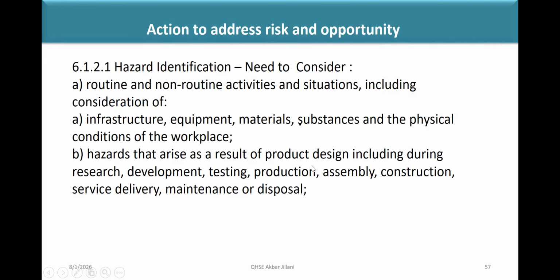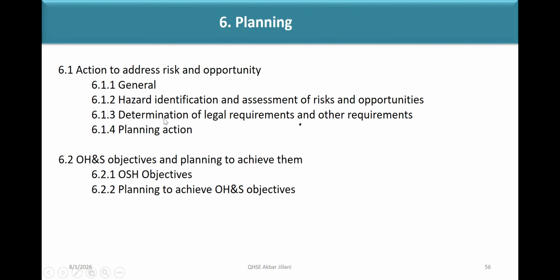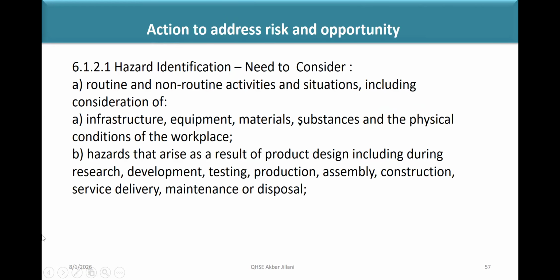So 6.1.2 is the hazard identification and assessment. We need to consider routine and non-routine activities. So we will have to consider hazard identification for routine and non-routine activities and situations, including consideration of infrastructure, equipment, materials, substances, and the physical condition of the workplace.